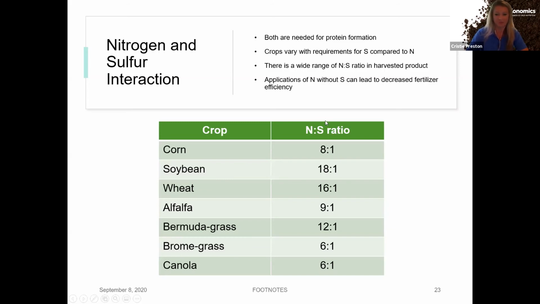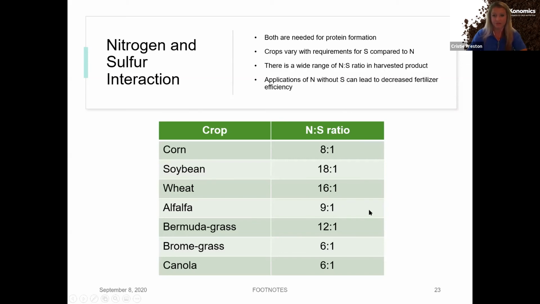But going back to that point before, in a soybean crop, sulfur is needed for that rhizobia relationship to be formed; it's essential. But alfalfa carrying a 9-to-1 ratio, you're going to need more sulfur to maximize that nitrogen that you've applied or the nitrogen that's being utilized from that rhizobia relationship.